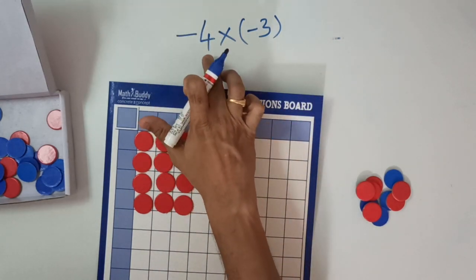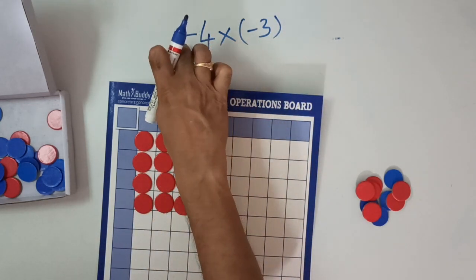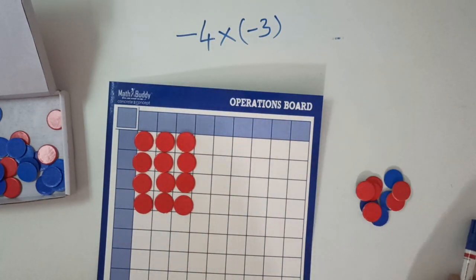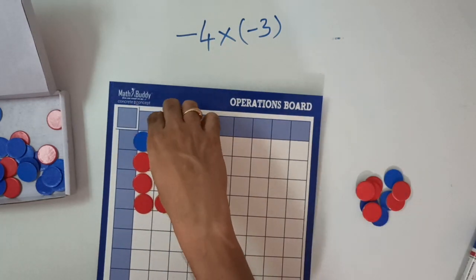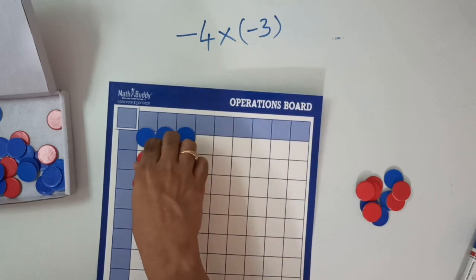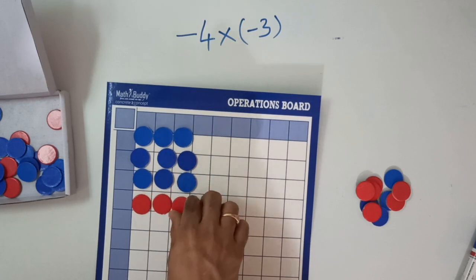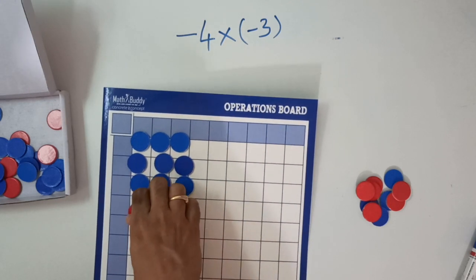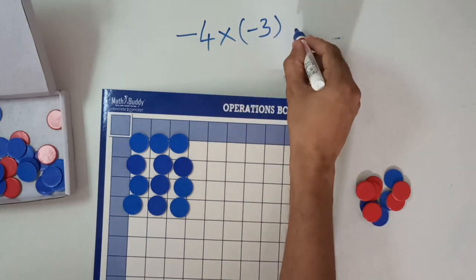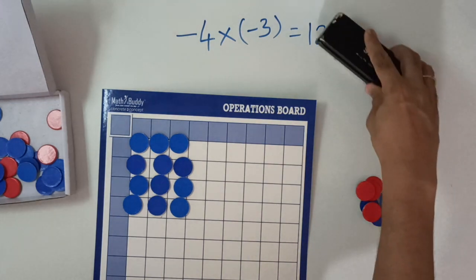I form 4 groups, ignoring the sign, just 4 groups of 3 red chips. And then because I have a negative sign here, you just flip over the coins. If you flip the coins, it becomes all blue. And now what do you have? You've got 12 blue chips. So that's why we say minus 4 times minus 3 gives you plus 12.